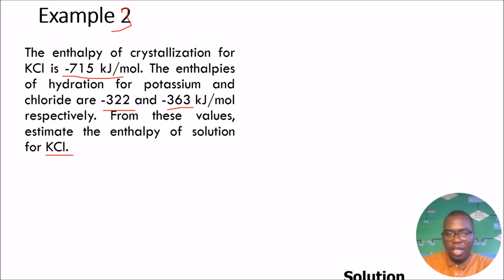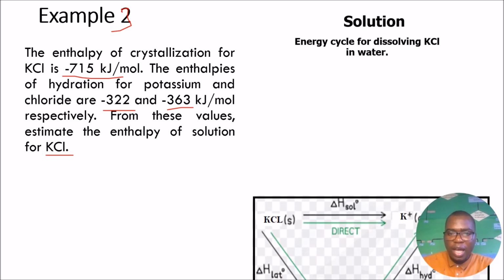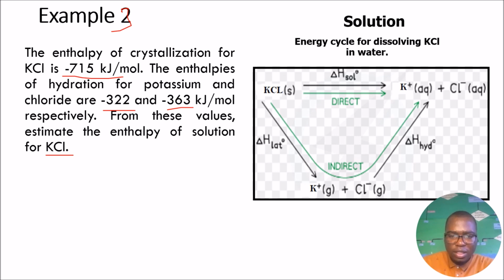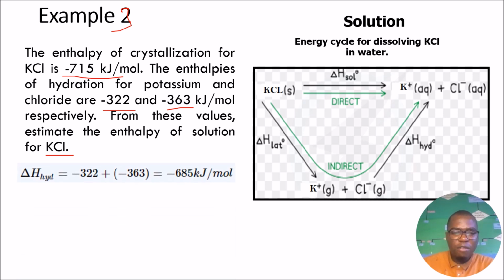So again, the same processes and the cycle will look like this. You create your cycle like that. But even if you don't do your cycle in the exam, you can just go straight and substitute into the formula because you already know it. Of course, if the hydrations were given to you individually, you add them together. So you add this and that to give you that total.